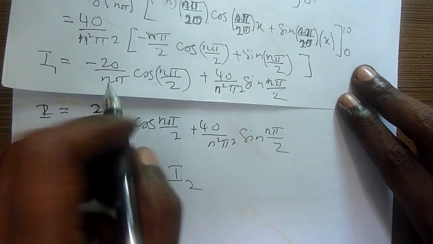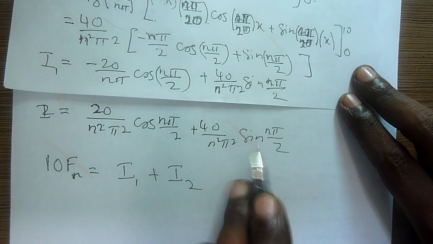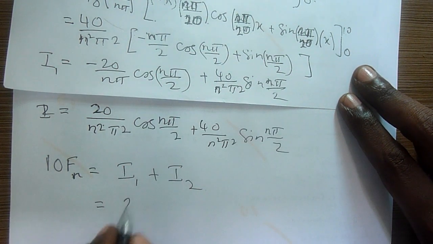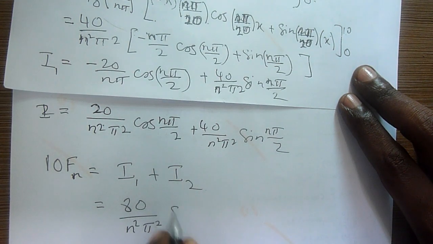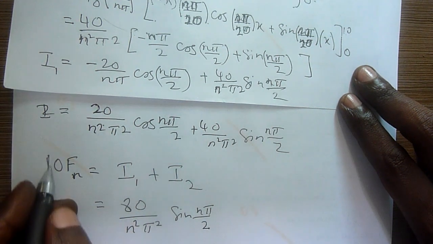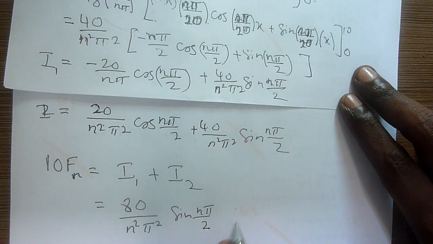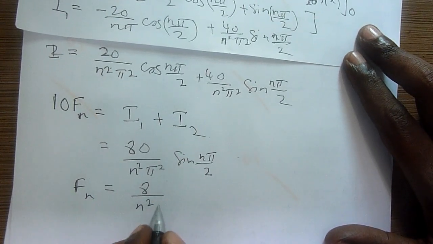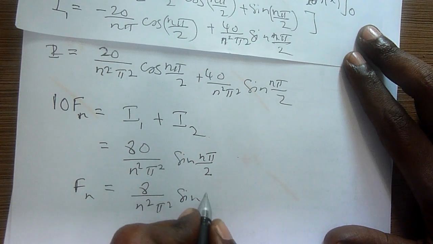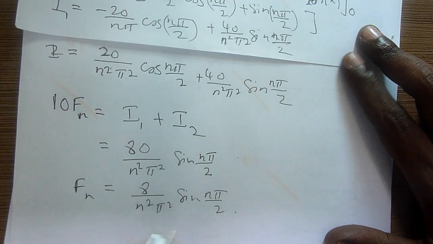When I add I1 and I2, I get 80 n 2 pi 2 sine n pi 2. Then I bring the 10 here, and Fn becomes something very simple, 8 n 2 pi 2 sine n pi 2.